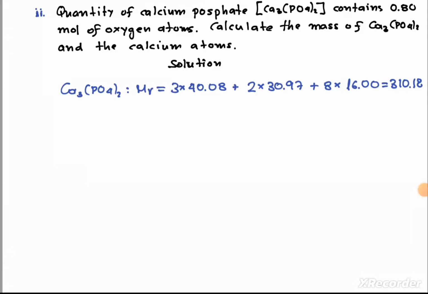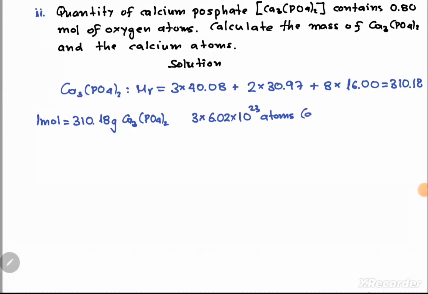Let's have the relationship of the molecular formula. 1 mole is equal to 310.18 grams of calcium phosphate, which contains 3 times the Avogadro constant of calcium atoms and 8 moles of oxygen atoms.